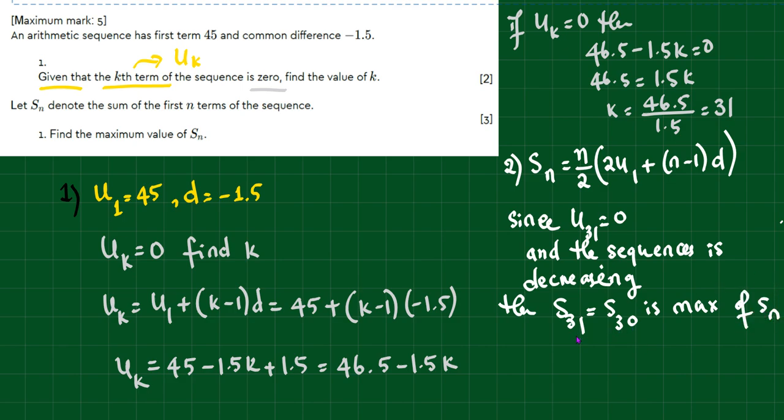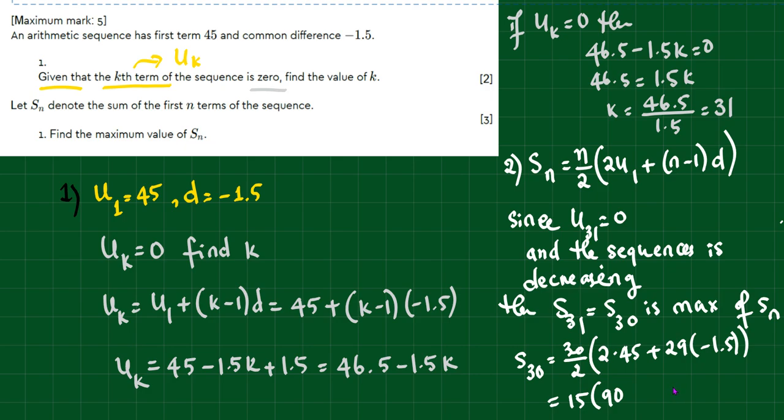So we can find the sum of the first 30 terms, equal to 30 over 2 times (2u1, which is 2 times 45, plus 29 times negative 1.5), right? So that's 90 minus 43.5, because 29 times 1.5 is 43.5.